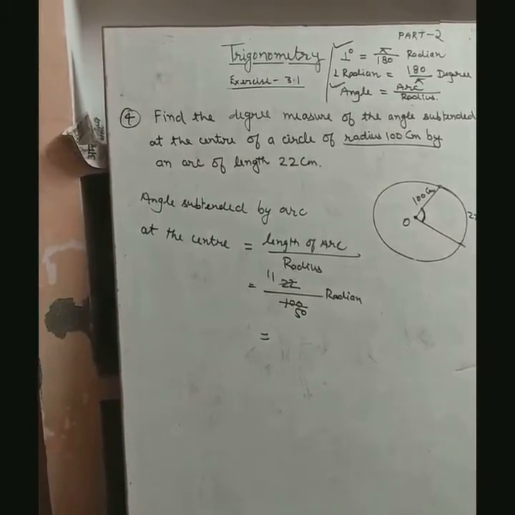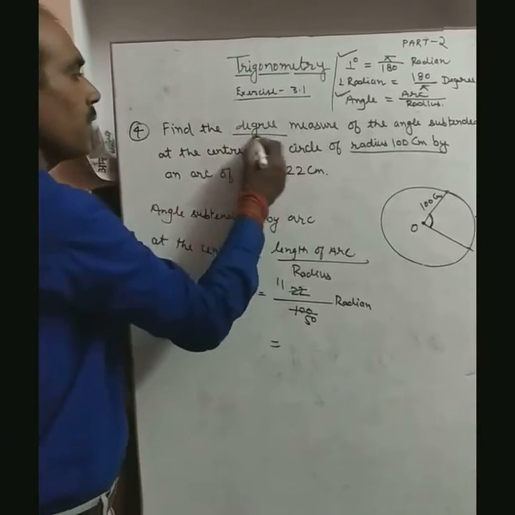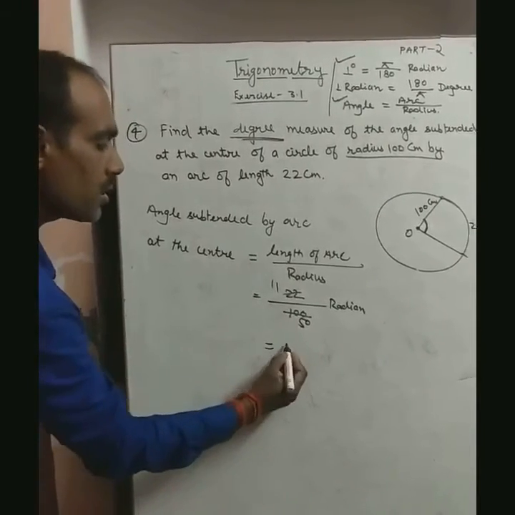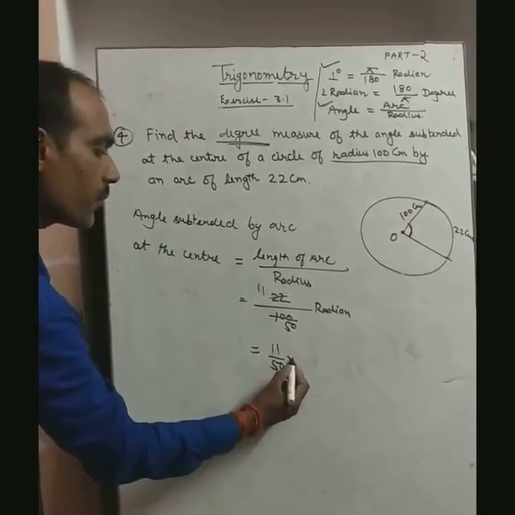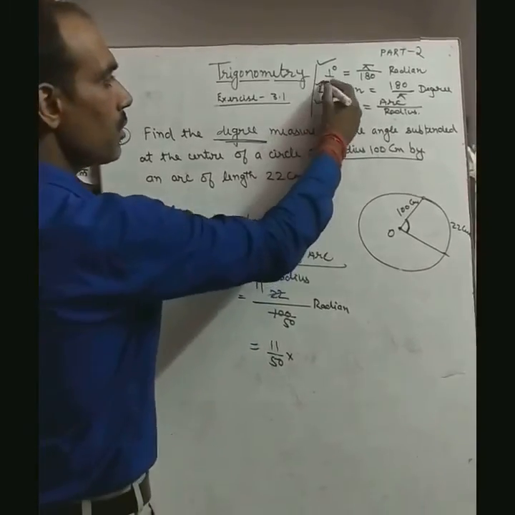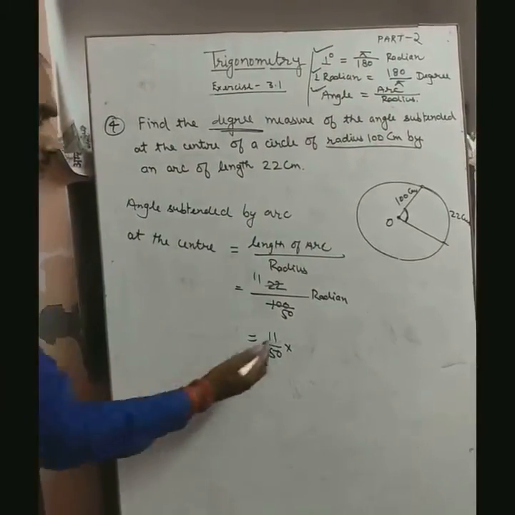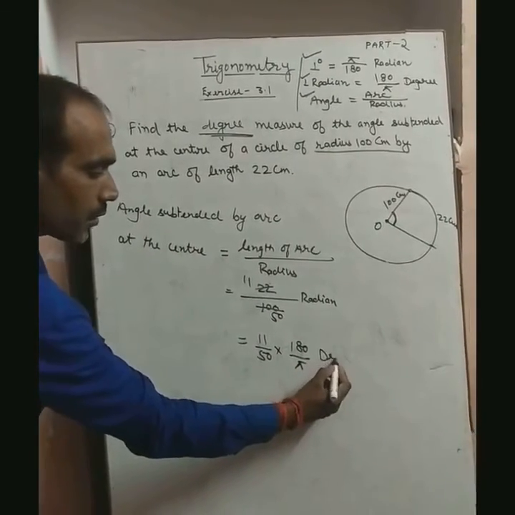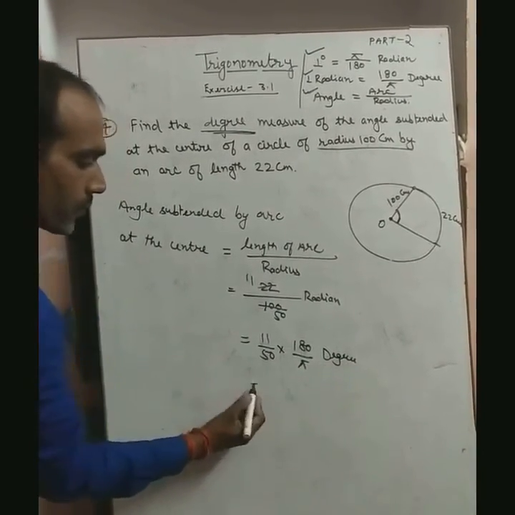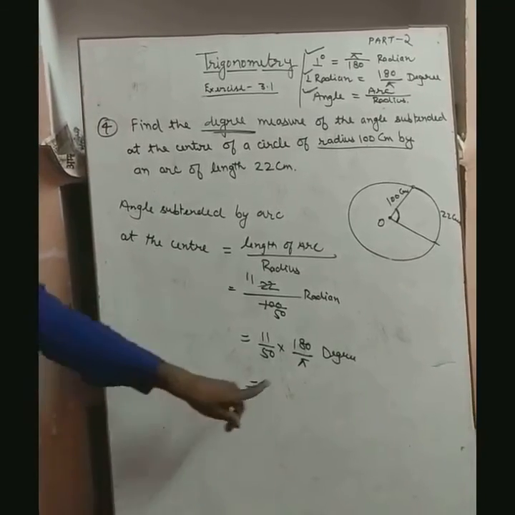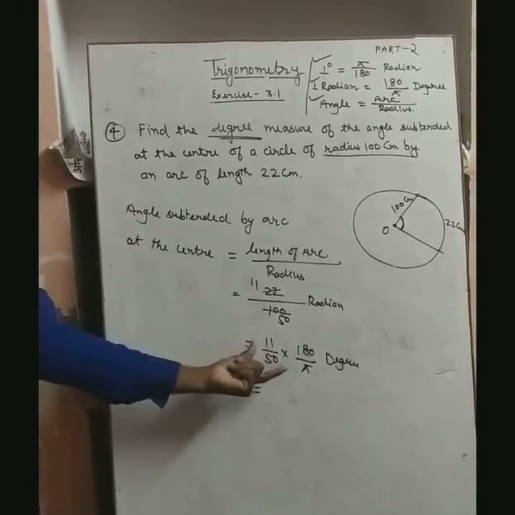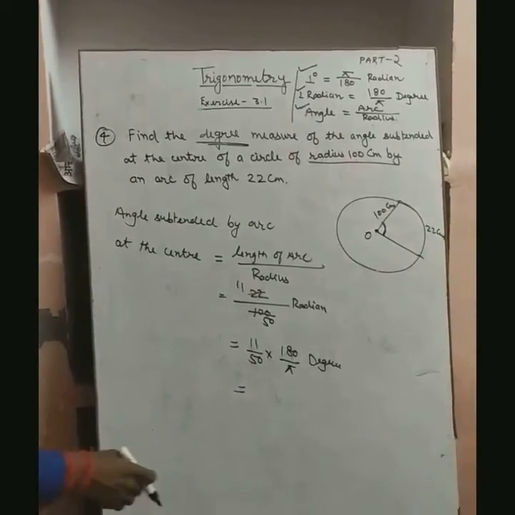Now again, in this question we have to find the degree measure, so we will convert it into degrees. So 1 radian is equal to 180 upon pi degree. Now put the value of pi. What is the value of pi? 22 upon 7, and when we solve it, then we will get the final answer.